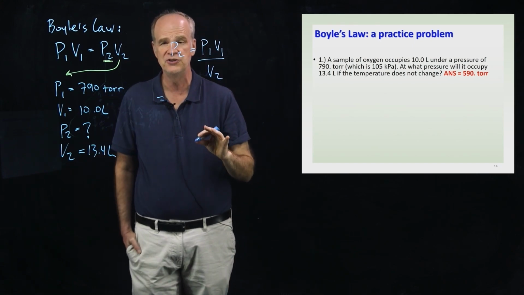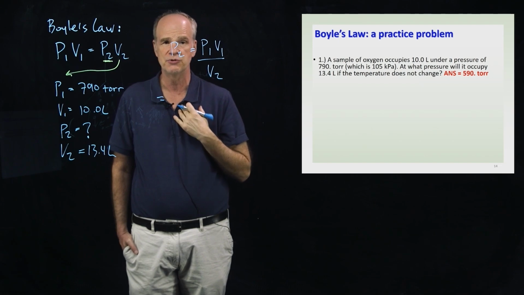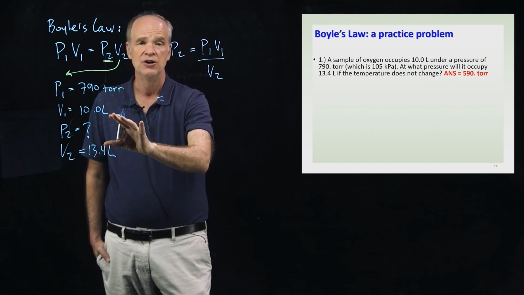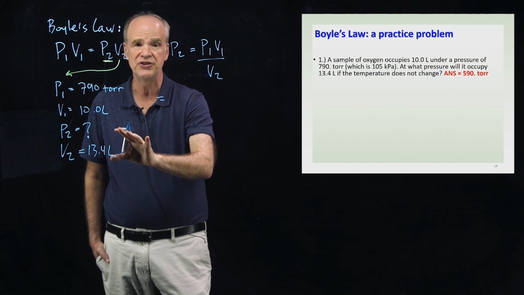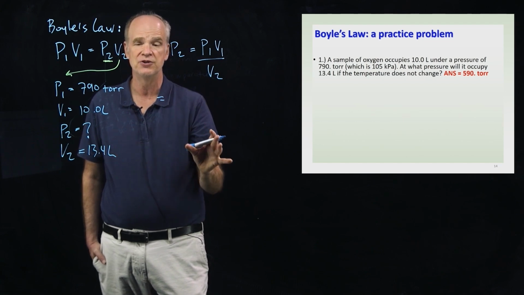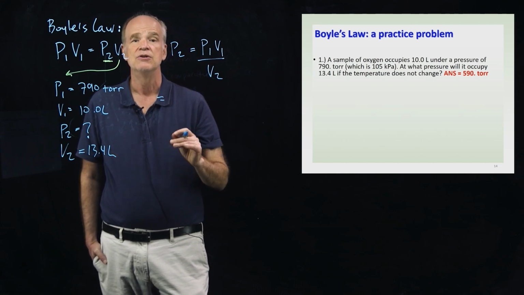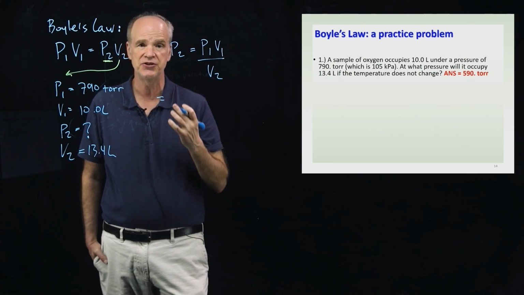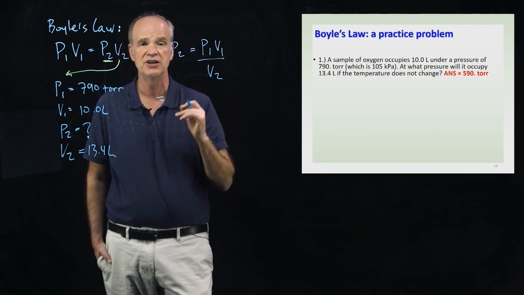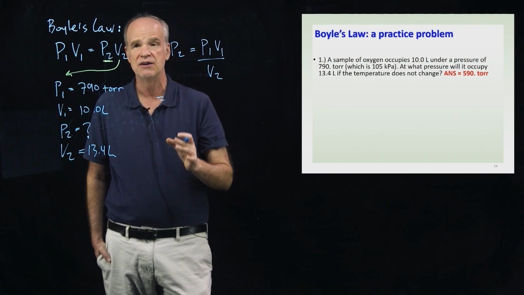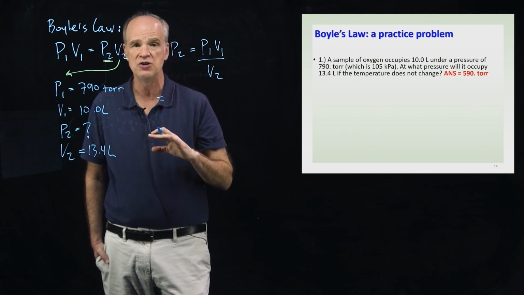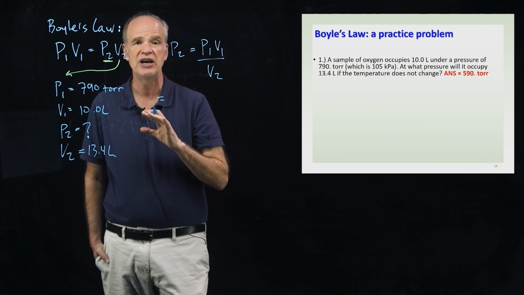But before I do, let me ask myself this question: do I have to take any of these numbers, which are in particular units, and convert them to other units? Now, if it was a temperature, the answer would be yes. If you have a Celsius temperature, you must convert that to Kelvin. On the other hand, with Boyle's law, if you have pressures and volumes, you can use the units as is.